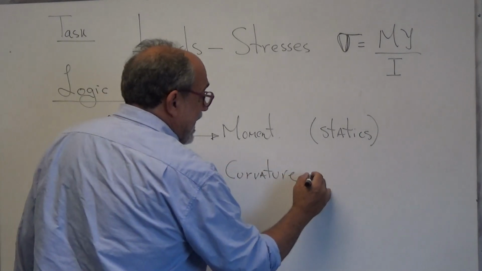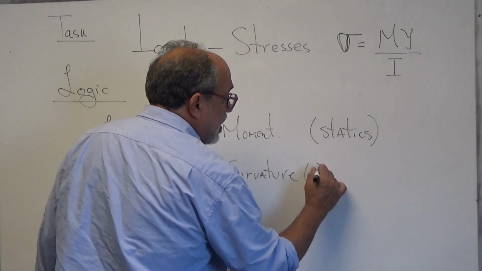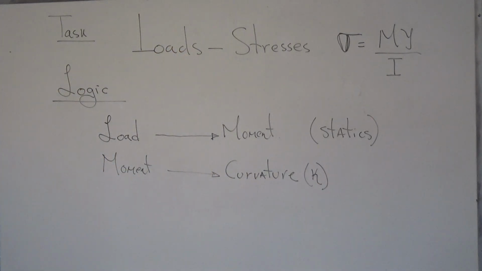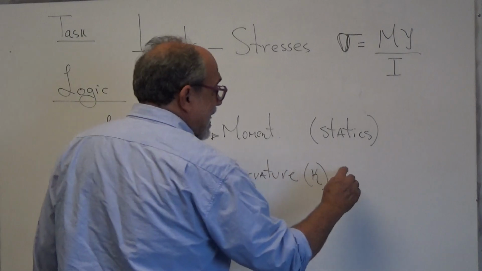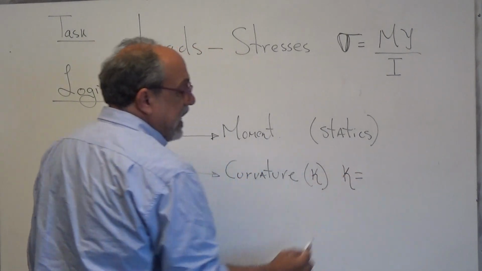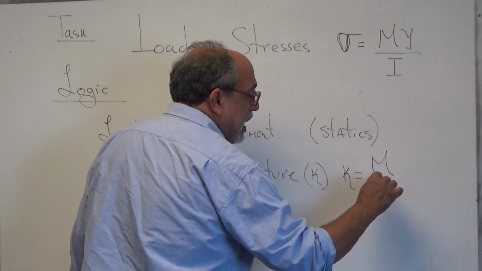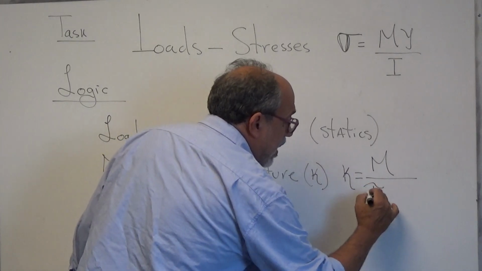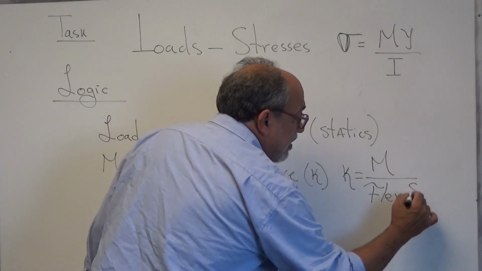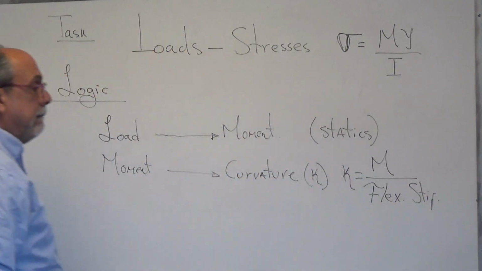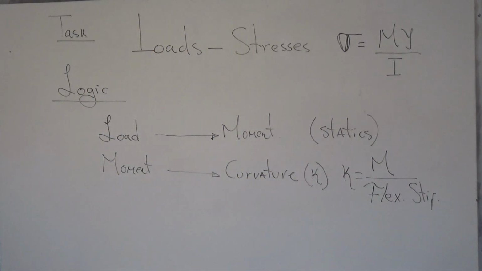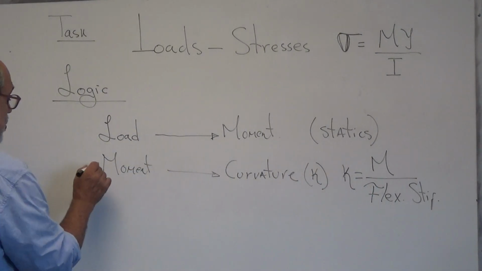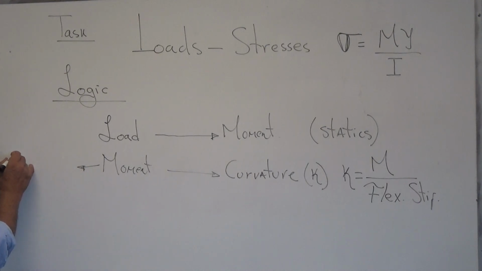Now, if we use the book notation for curvature, which is the Greek letter kappa, then we can say that in general, the curvature is given by the moment divided by the flexural stiffness of the cross-section. Therefore, it's obvious that we have to know how to calculate the flexural stiffness to get the curvature. So I need to tell you how to compute the flexural stiffness of a cross-section.